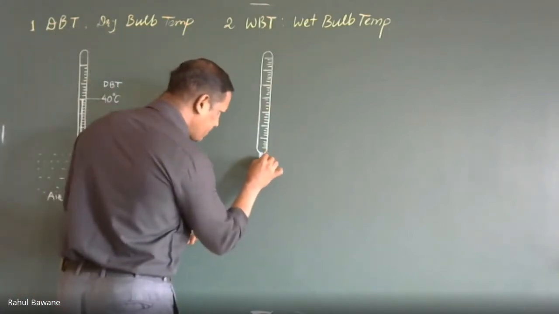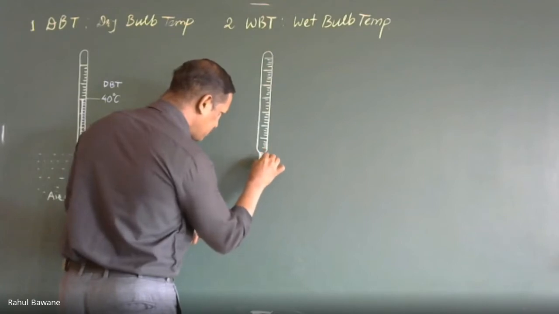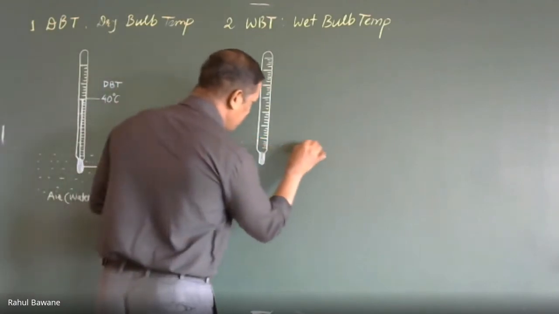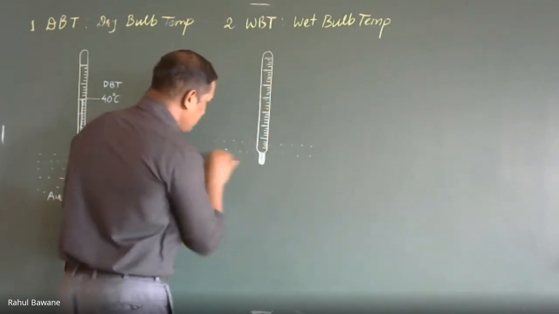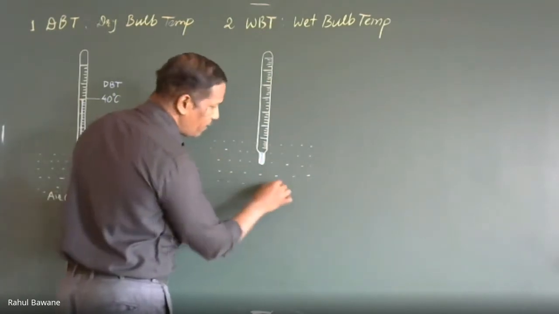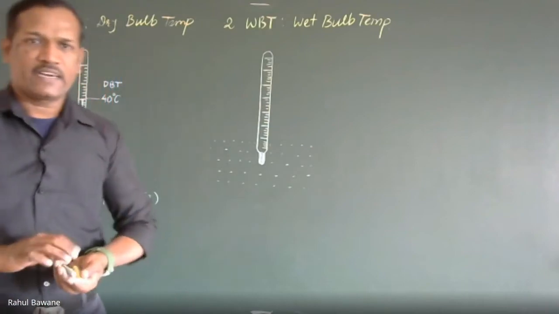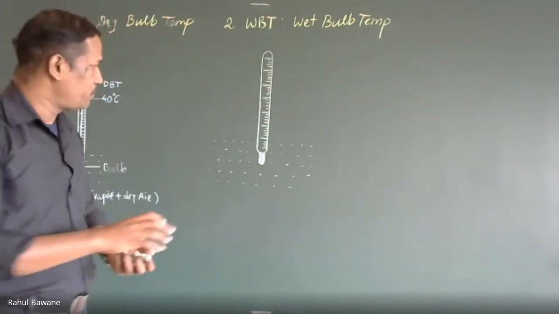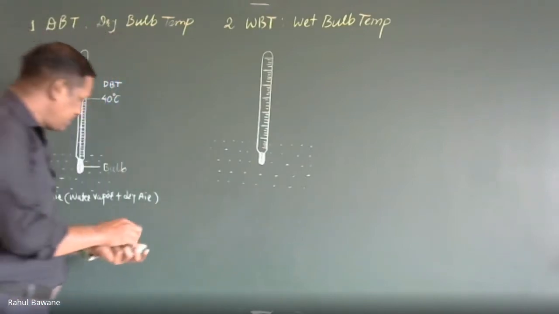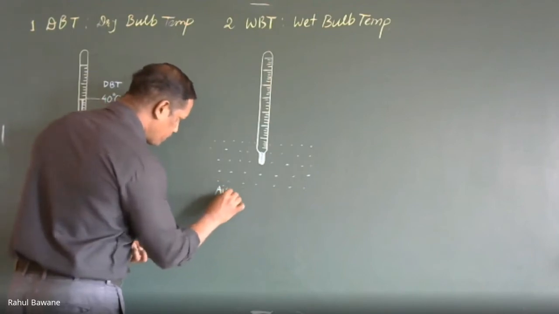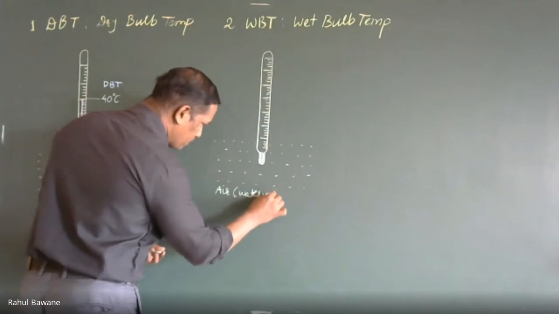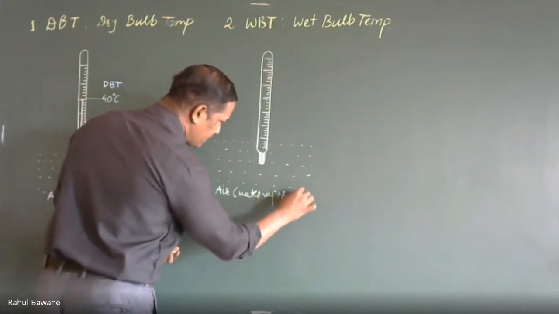I am not using any different, modified thermometer. I am using the same thermometer, and this thermometer is put in air. Again and again I am repeating, psychrometry belongs to air, which is a mixture of water vapor and dry air. We are not talking about any other gases. We are talking about air only. So this is the air, which is a mixture of water vapor plus dry air.